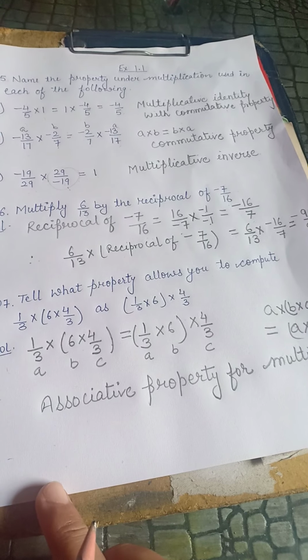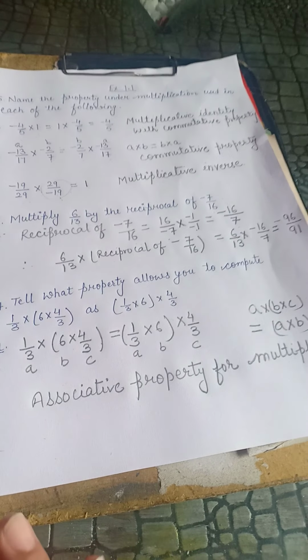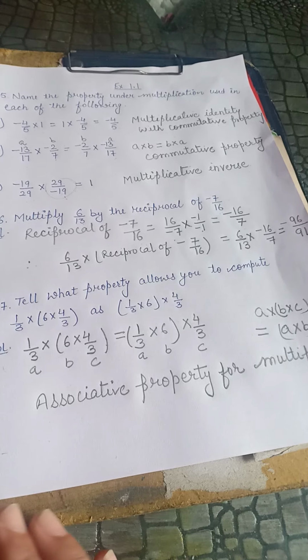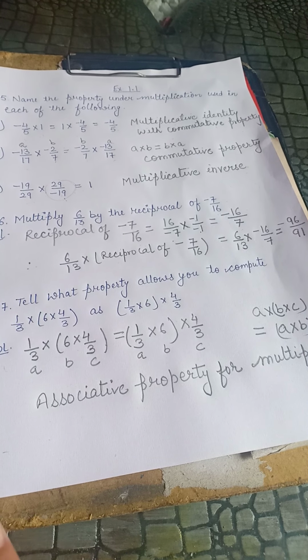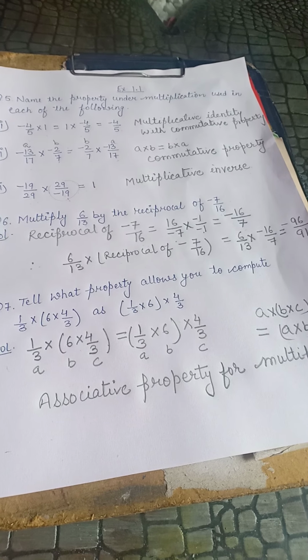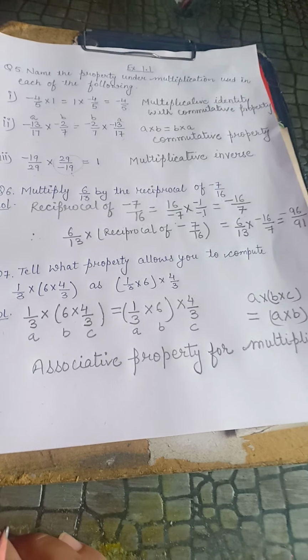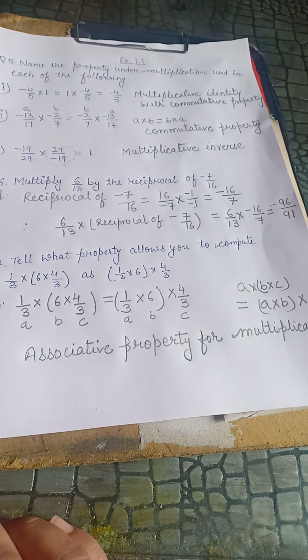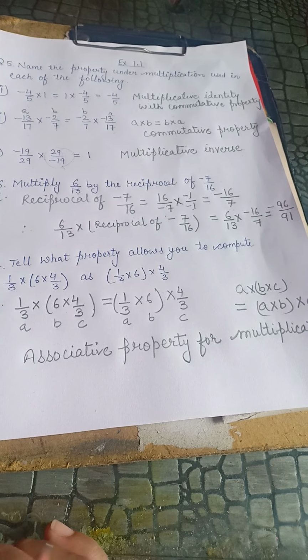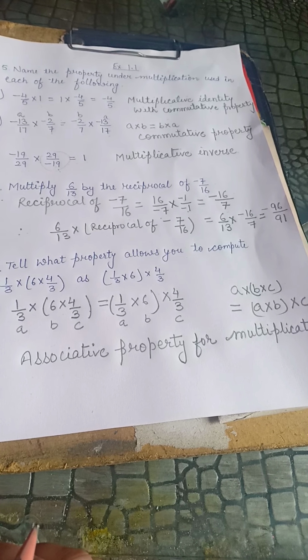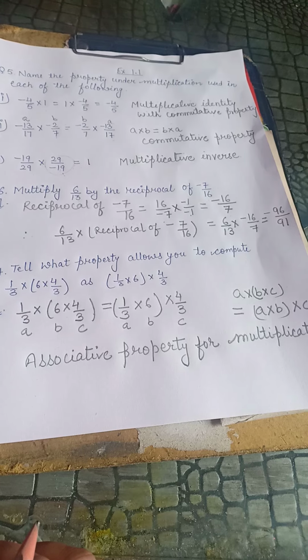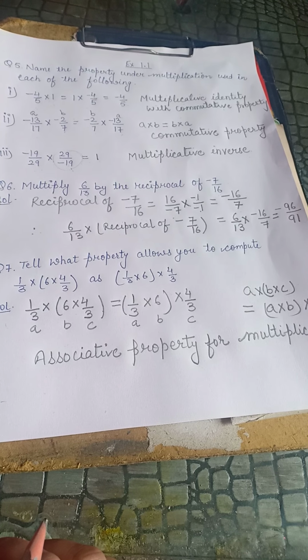But the difference is, if you have only two rational numbers and on the left hand side and right hand side only the positions are interchanged, you write it as commutative property. And secondly, if you have more than two numbers and only their grouping is changed, then you say it is associative property.